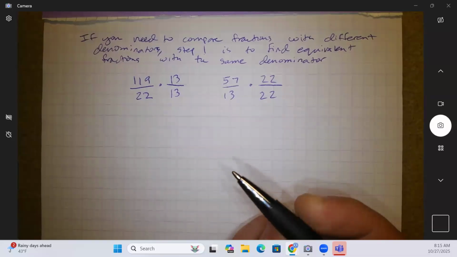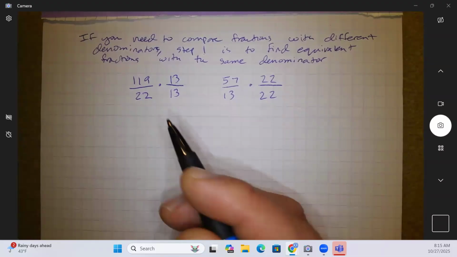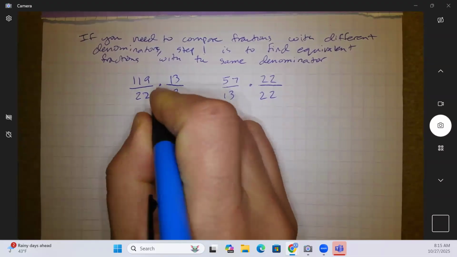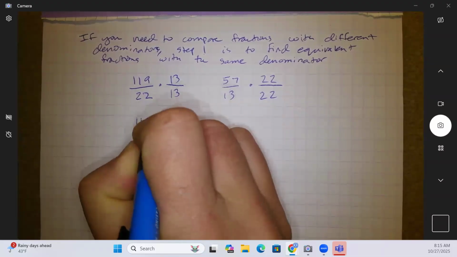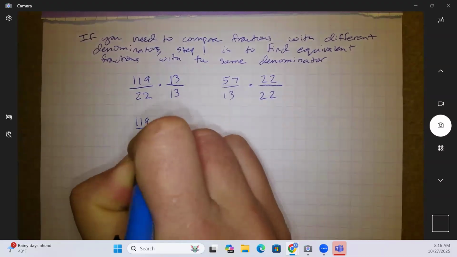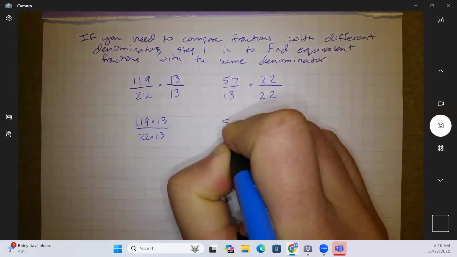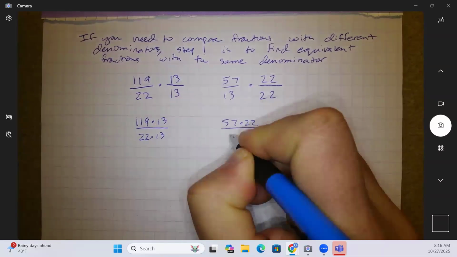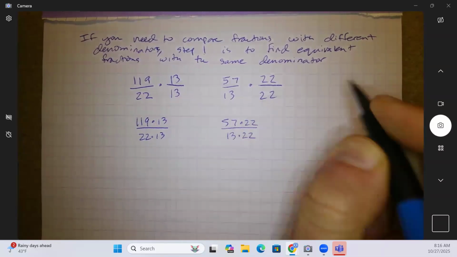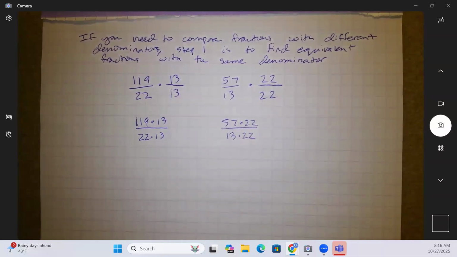So this is where I'm probably going to use a calculator anyway to do these multiplications. Remember, when you multiply fractions, you multiply the tops and you multiply the bottoms. So we could do this by hand, but it's Monday at 8:16 and I'm sleepy.